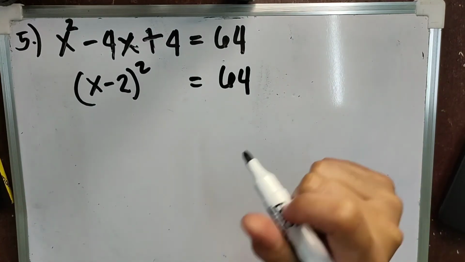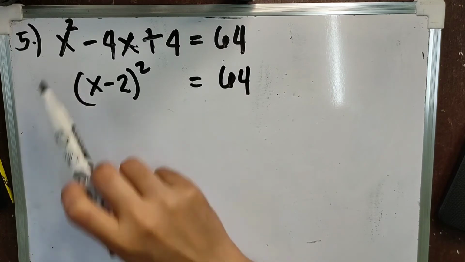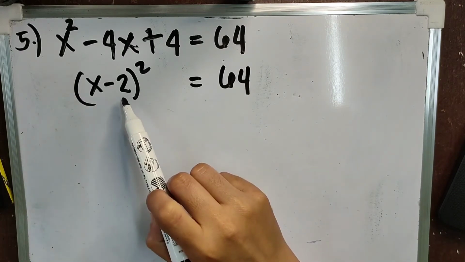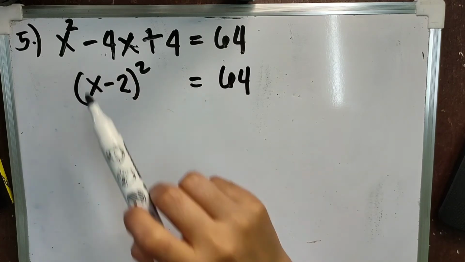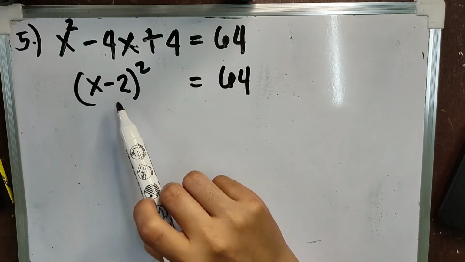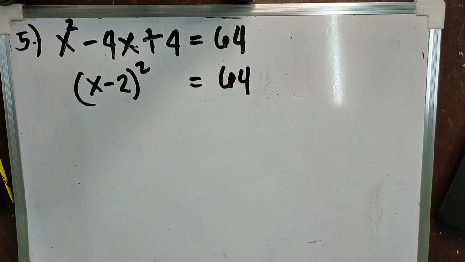Okay, to check if our answer is correct, x times x is x squared. Negative 2 plus negative 2 is negative 4. Negative 2 times negative 2 is positive 4.